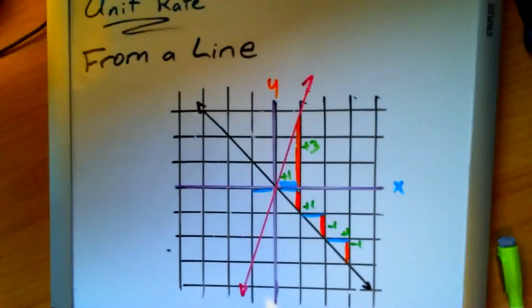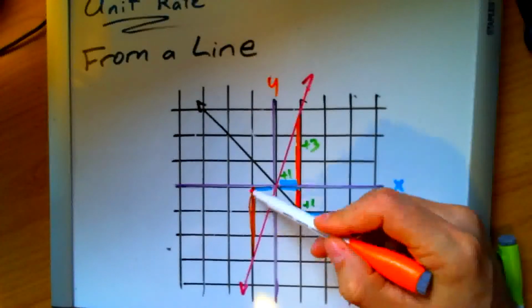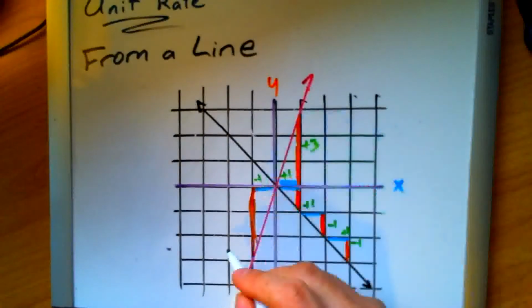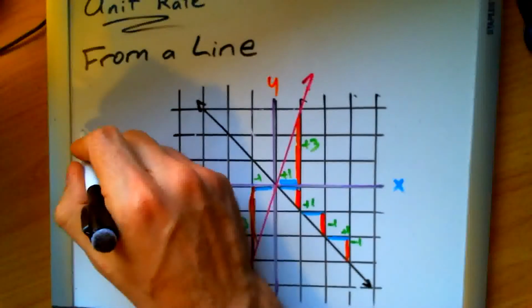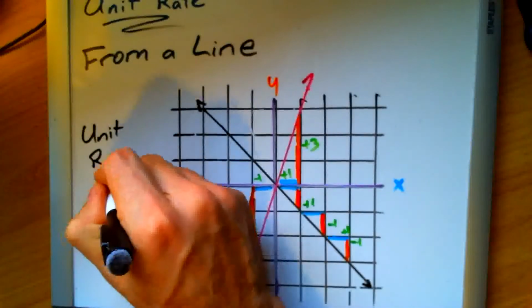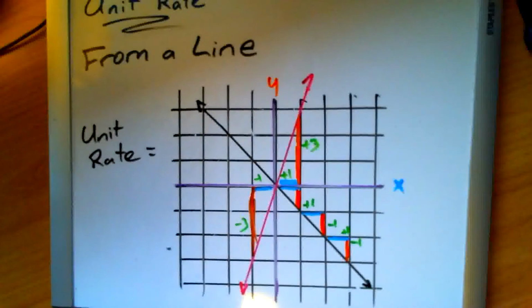Or when x goes down by 1, y goes down by 3. So as x goes up by 1, y goes up by 3, so our unit rate is 3.